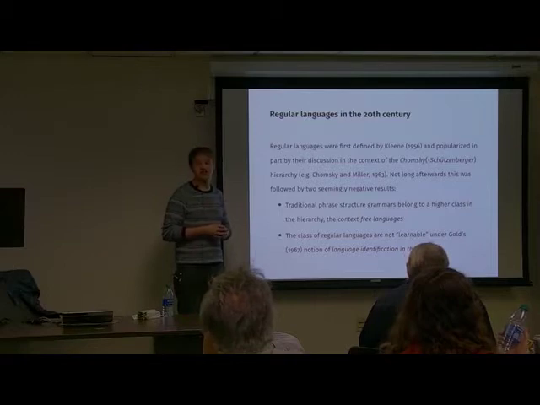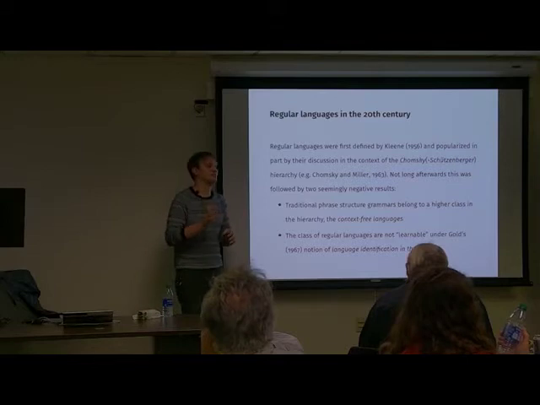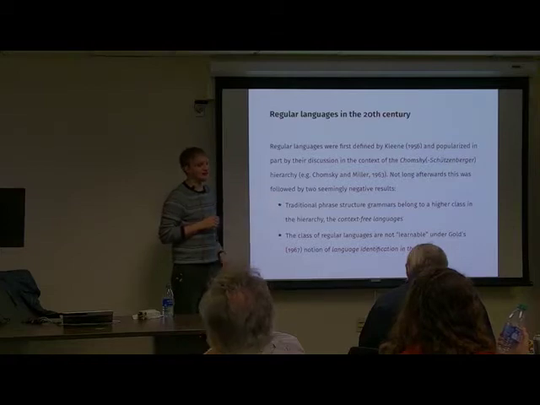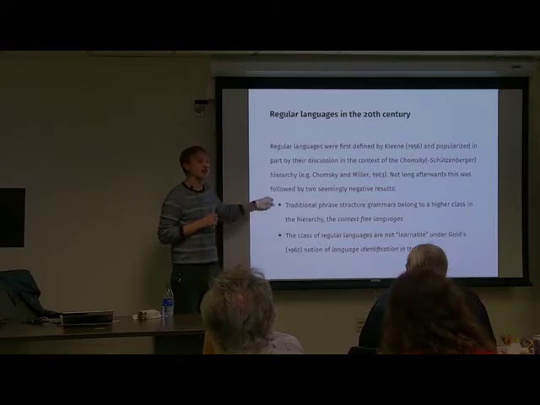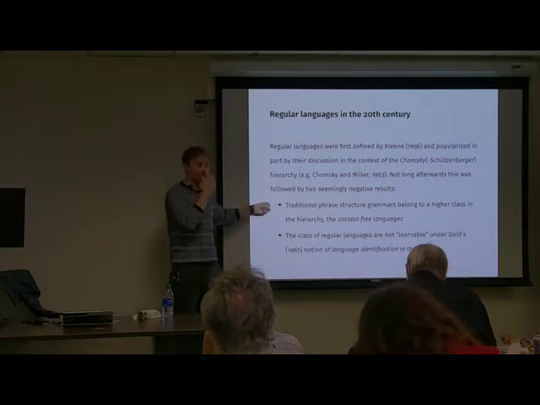And it's not surprising that these transformational operations even rise to a higher class than these phrase structure grammars. So we know context-free grammars are clearly insufficient for describing human languages. And even they are much higher in this hierarchy of language types than the regular languages.